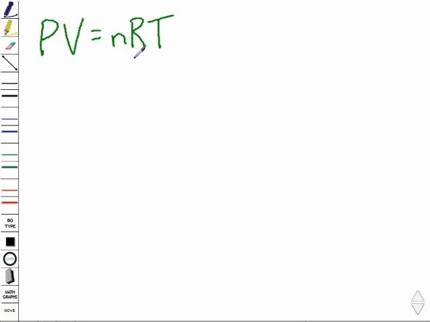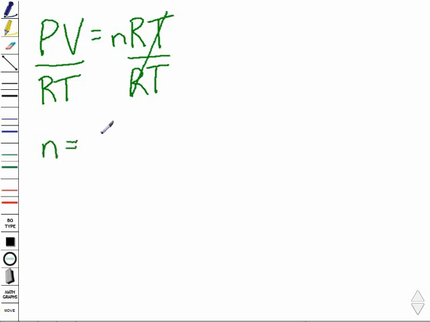In order to do that, we need to divide both sides of our expression by the constant R and T, which stands for temperature. Do it on both sides of our equal sign. And then it cancels on the right side so that our new expression that is rearranged states that N, or moles, is equal to P, which is pressure, V, volume, all divided by the constant R times temperature.